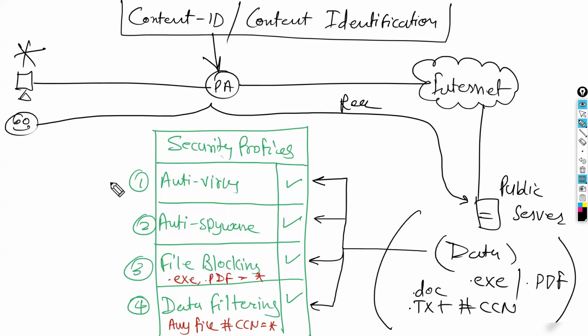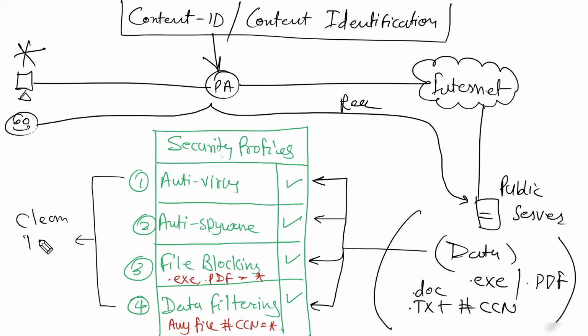So these profiles will remove the impurities from your data, or we can say when data is filtered with these profiles, that data will be clean data, and this clean data will be offered to the client. Okay, so what is Content ID here?